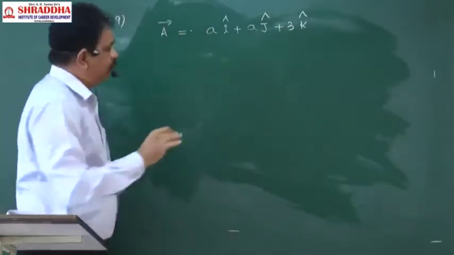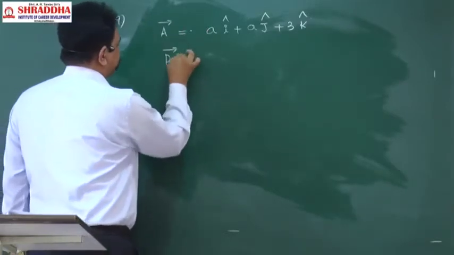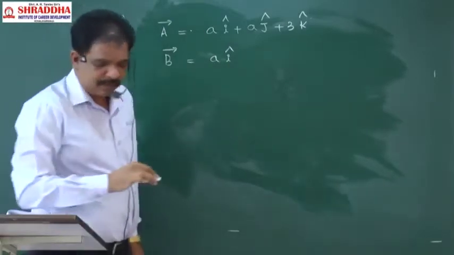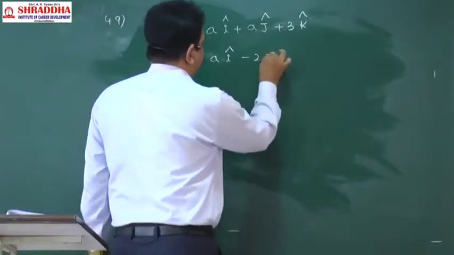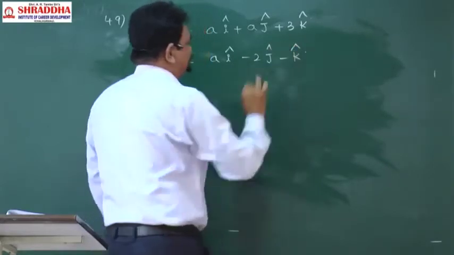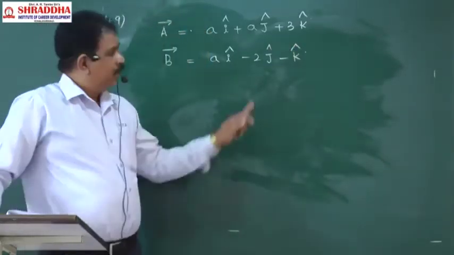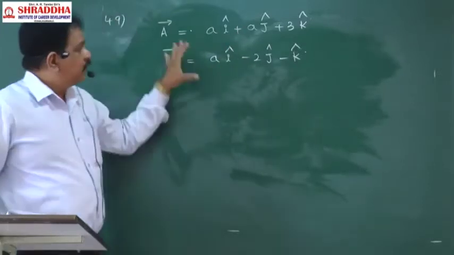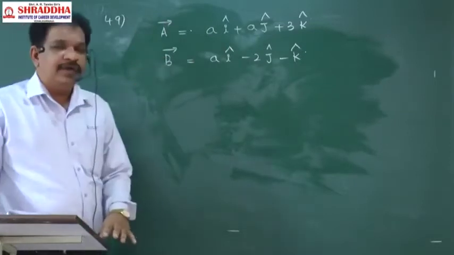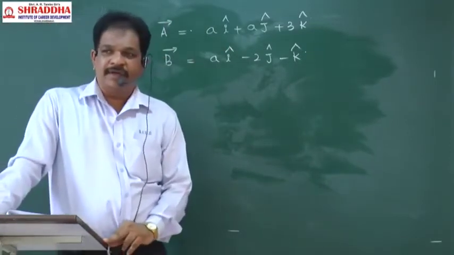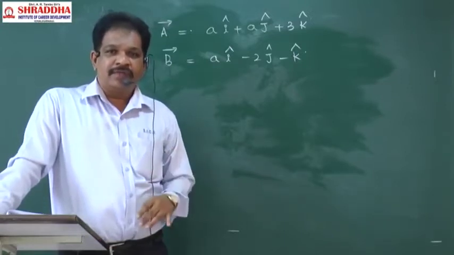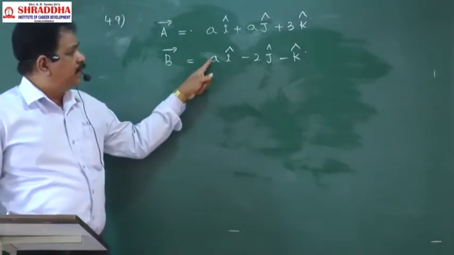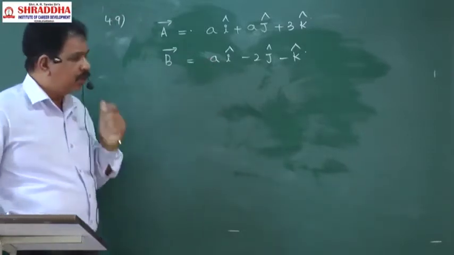B bar value will be A I cap minus 2j cap minus k cap. A bar, B bar, two vectors are given. These two are perpendicular. When two vectors are perpendicular, their dot product value will be equal to 0. Then find the positive value of A, that is the question.